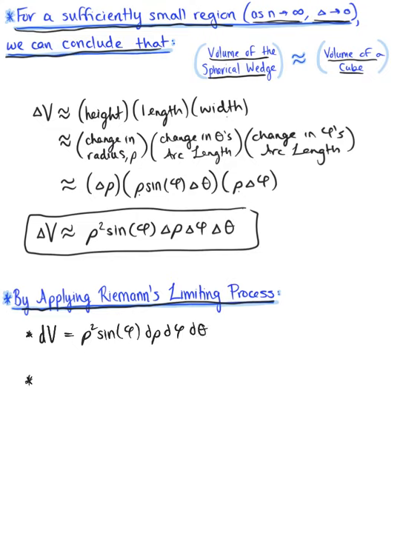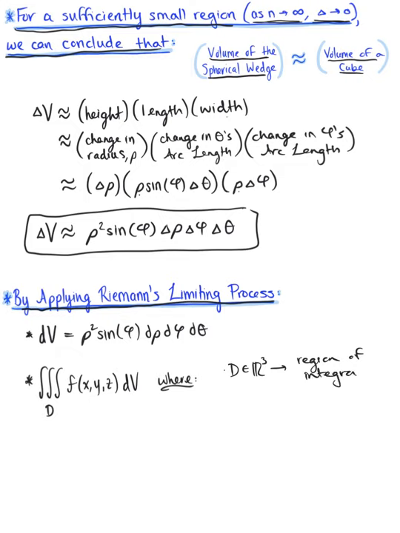So the general triple integral, so we have that triple integral over that three-dimensional region D of a function in terms of x, y, and z, dV. And this, of course, is where, as previously mentioned, D is a three-dimensional region. This is your region of integration. And dV is our volume differential. Riemann's limiting process allows us to make the following conversions.